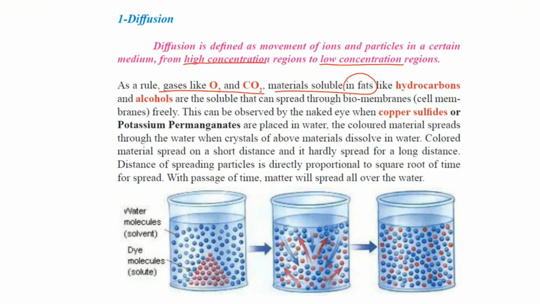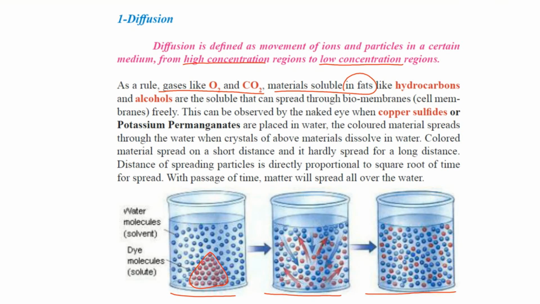This can be observed by the naked eye when copper sulfide or potassium permanganate are placed in water, which we can see in this picture for copper sulfide. When we drop a piece of copper sulfide, all the particles are found together, but as time passes, they distribute to different parts of the glass. At the end, we see a homogeneous distribution of copper sulfide in water.